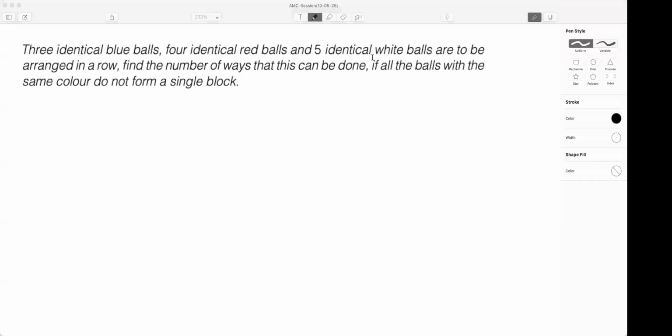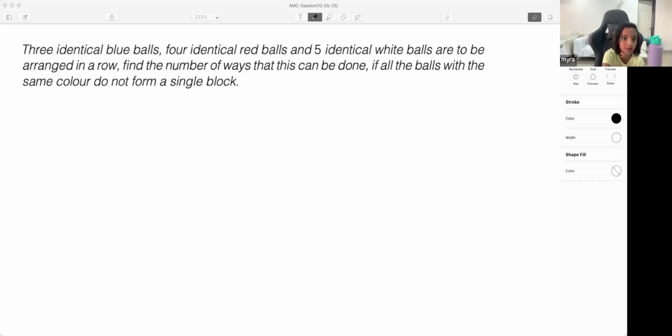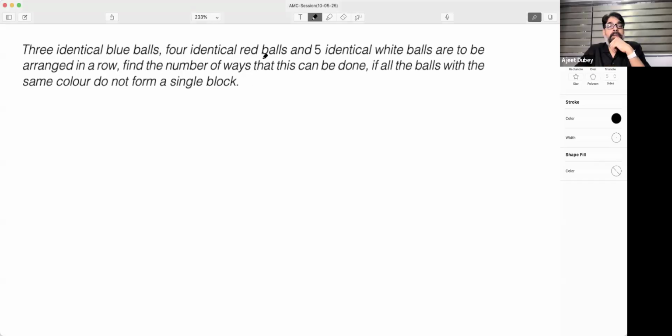Hello. So what does it mean by do not form a single block? Which line? Single block. Okay.